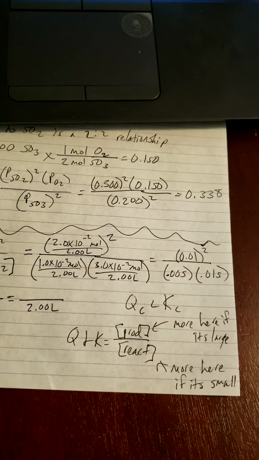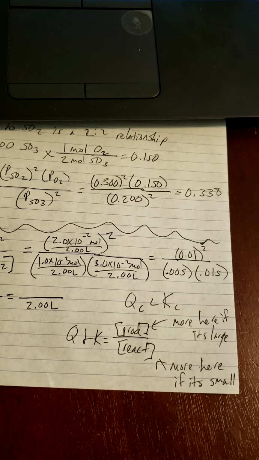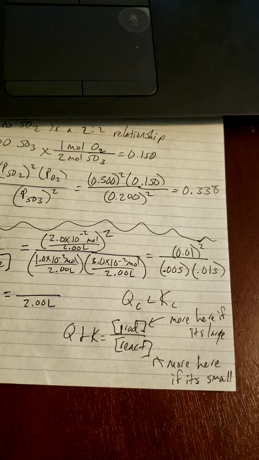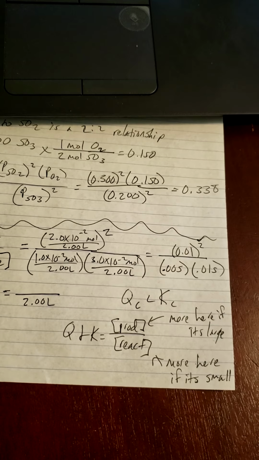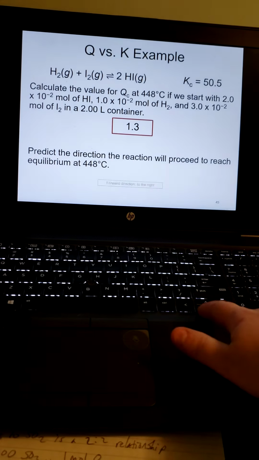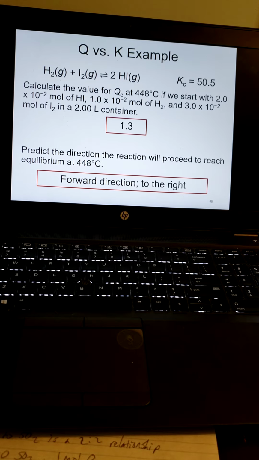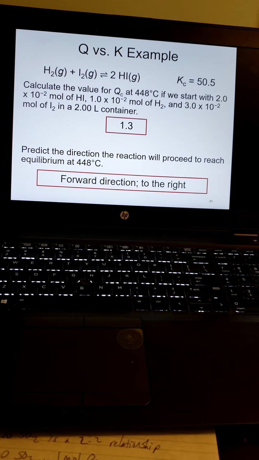So if we're going from small to big, then we're going from reactants to products. So this should proceed in the forward direction, or to the right, or to the production of products. There are a lot of ways to say the same thing here.